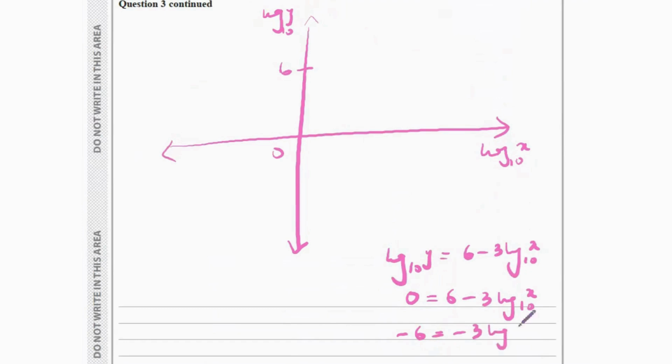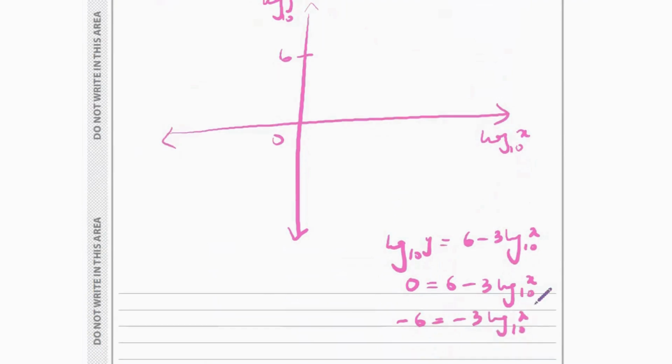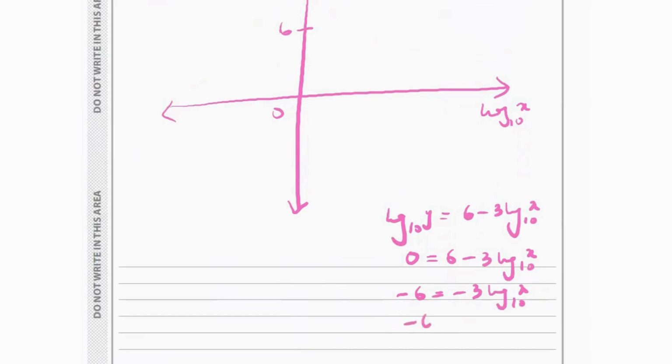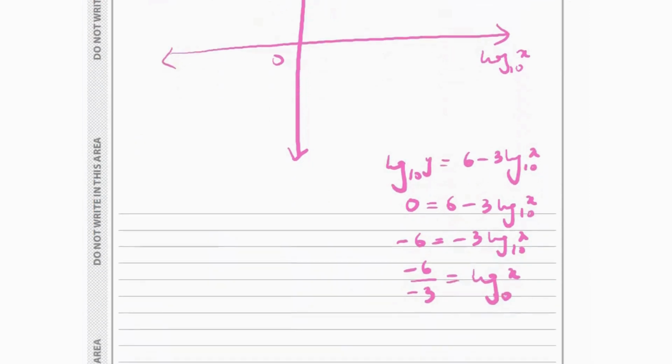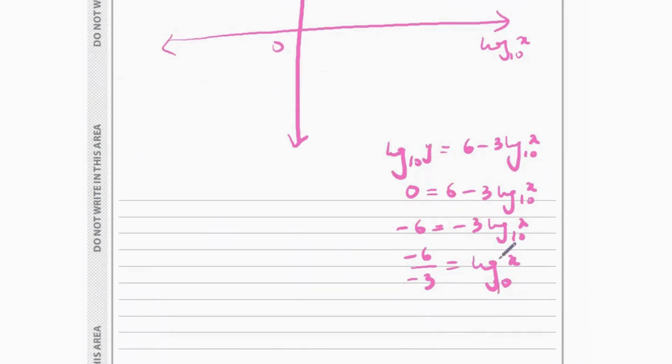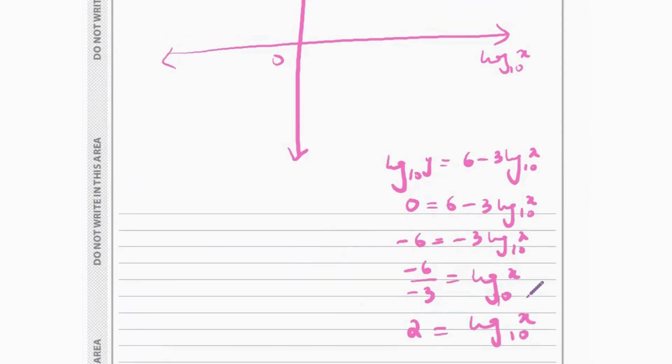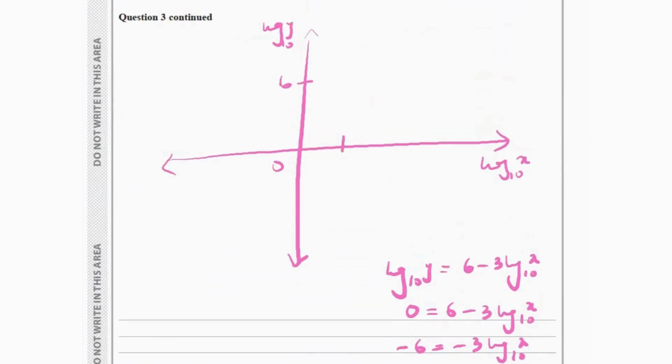And that is coming out to be 2, because negative 6 divided by negative 3 is 2. So 2 is equal to log of x to the base of 10. So x-intercept is 2 over here.